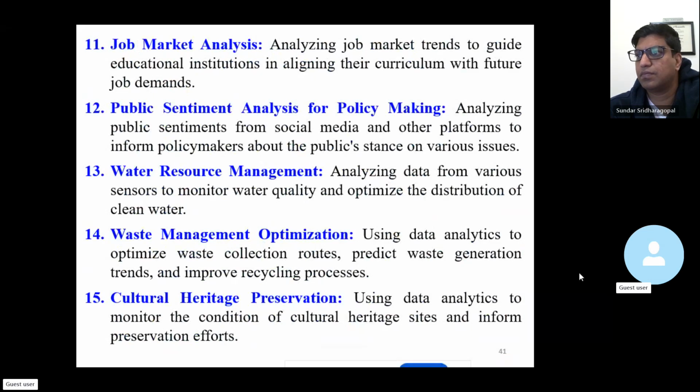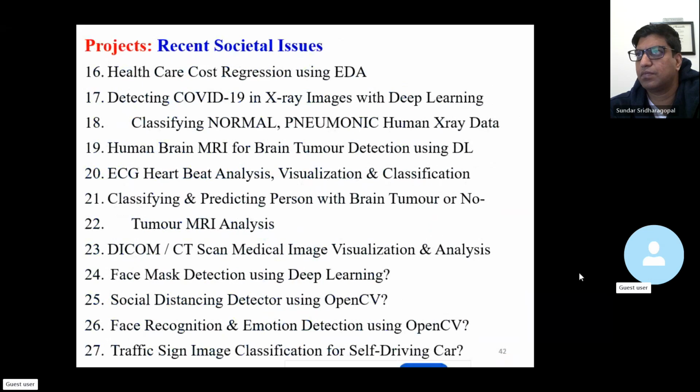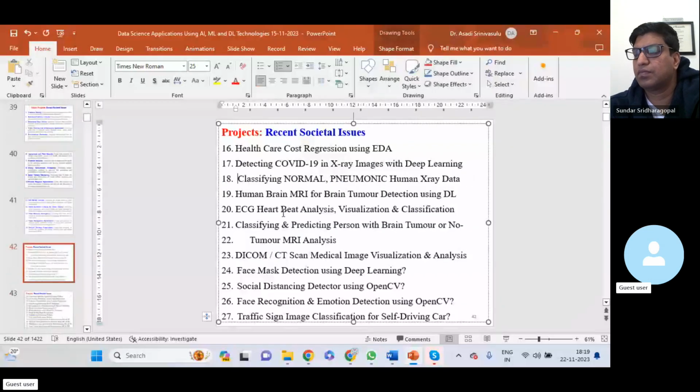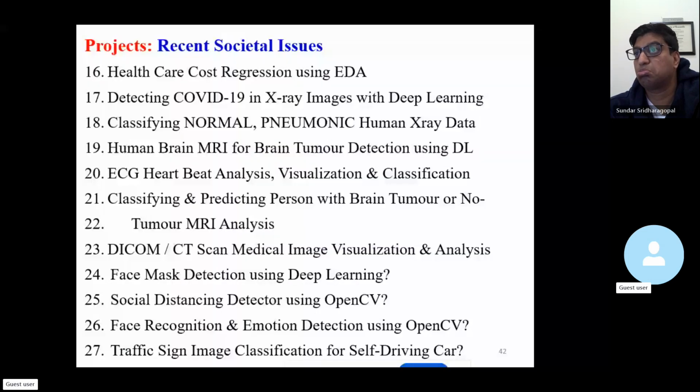Then healthcare cost regression using exploratory data analysis, then detecting COVID-19 from X-ray images with deep learning techniques, then classification of normal and pneumonia we are performing. Okay, and followed by human brain MRI for brain tumor detection using deep learning, and ECG heartbeat analysis.